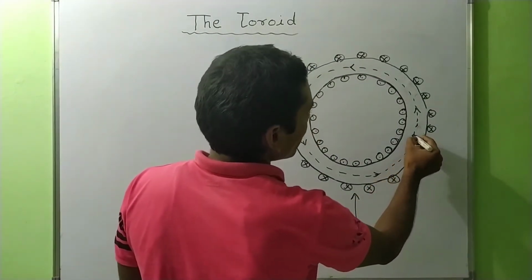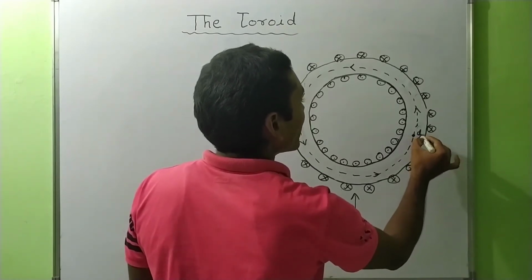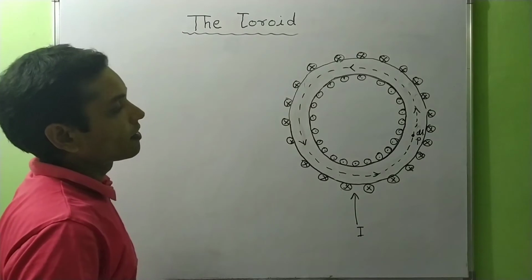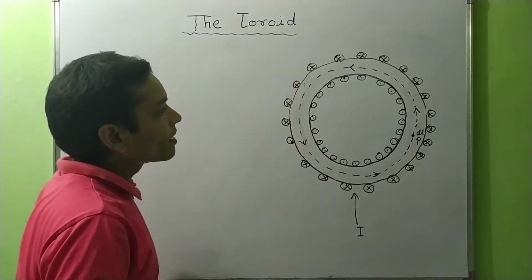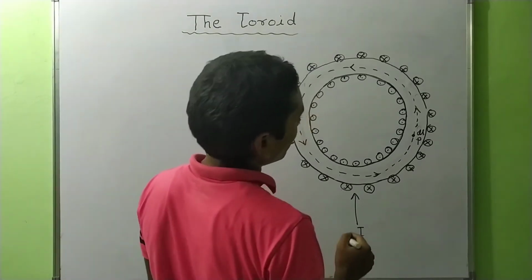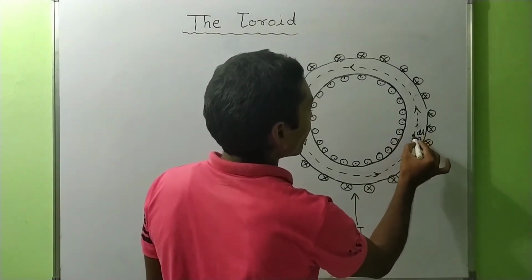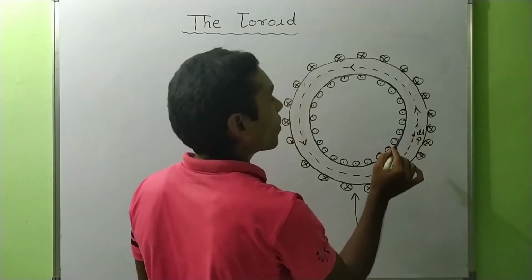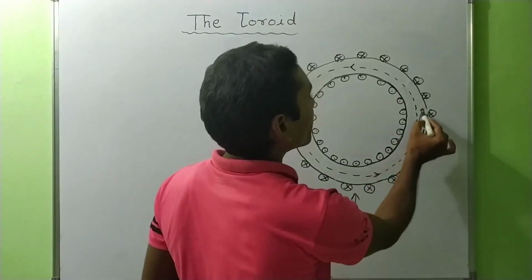Now at point P, consider a small length element dl. Now what will be the direction of the length element dl? The direction of dl will be along the tangent at point P. Let this be the direction of the tangent.